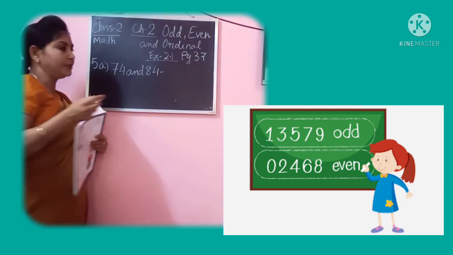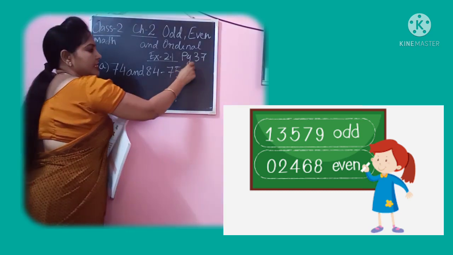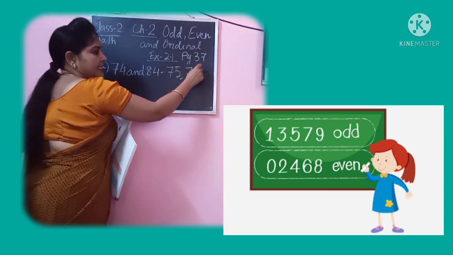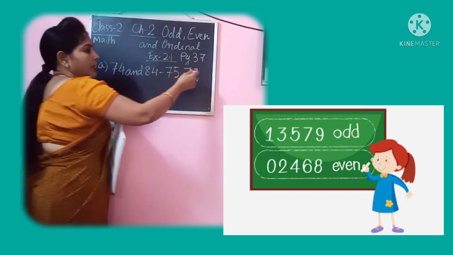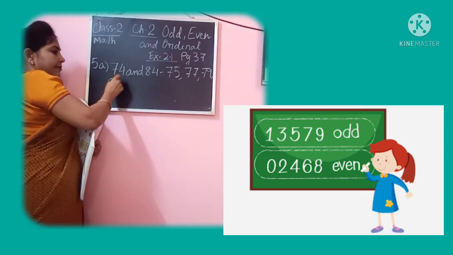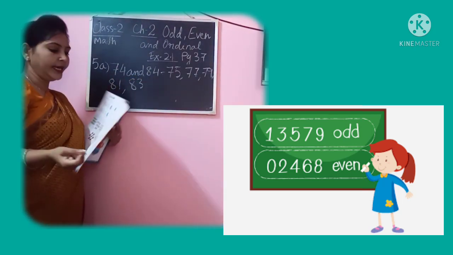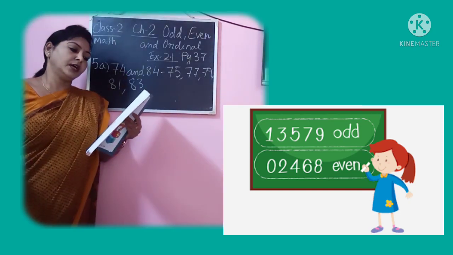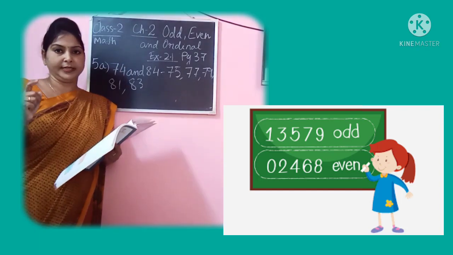What will be the first number? 75, 77. Here also you have to skip by 2's. 79, 81, 83.